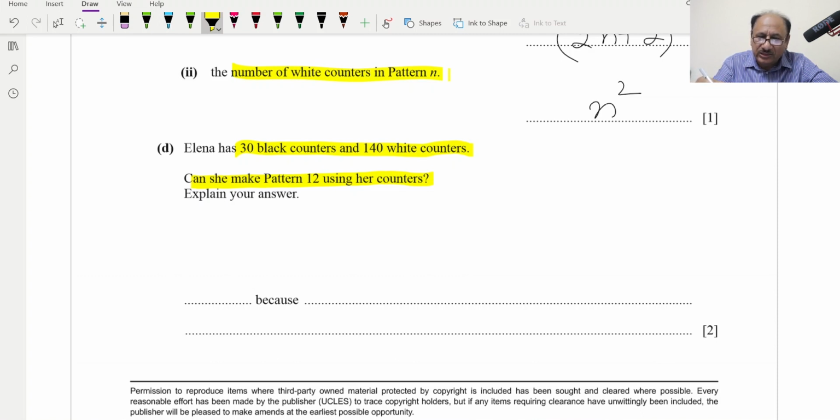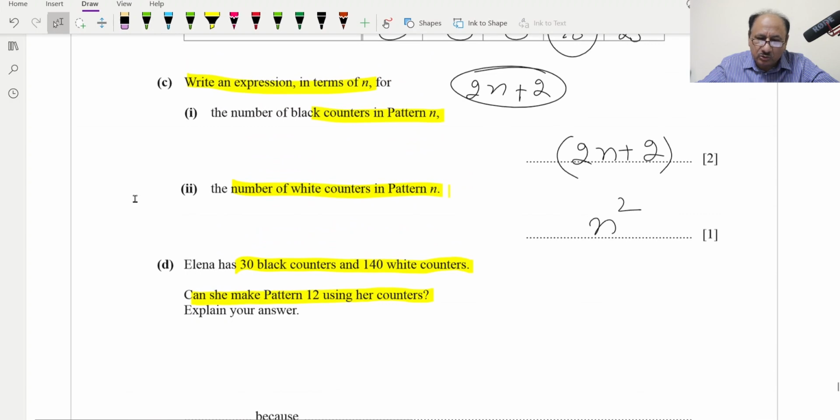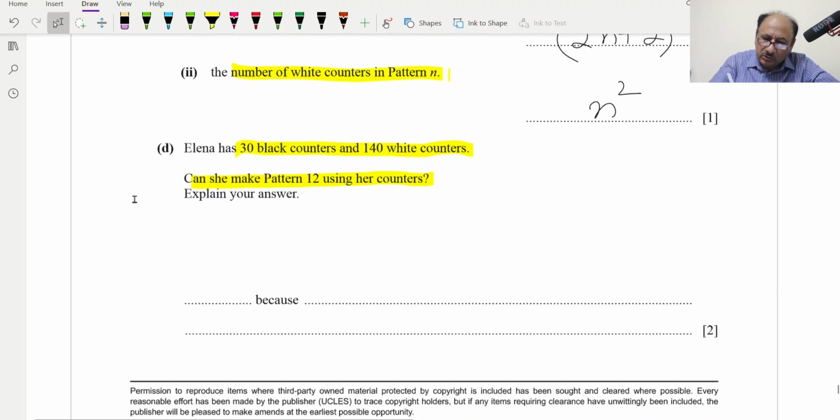So how can we check? If we check for the black counters, which is 2n plus 2, we need pattern 12, so 2 into 12 plus 2 is equal to 24 plus 2, which is 26 counters required.